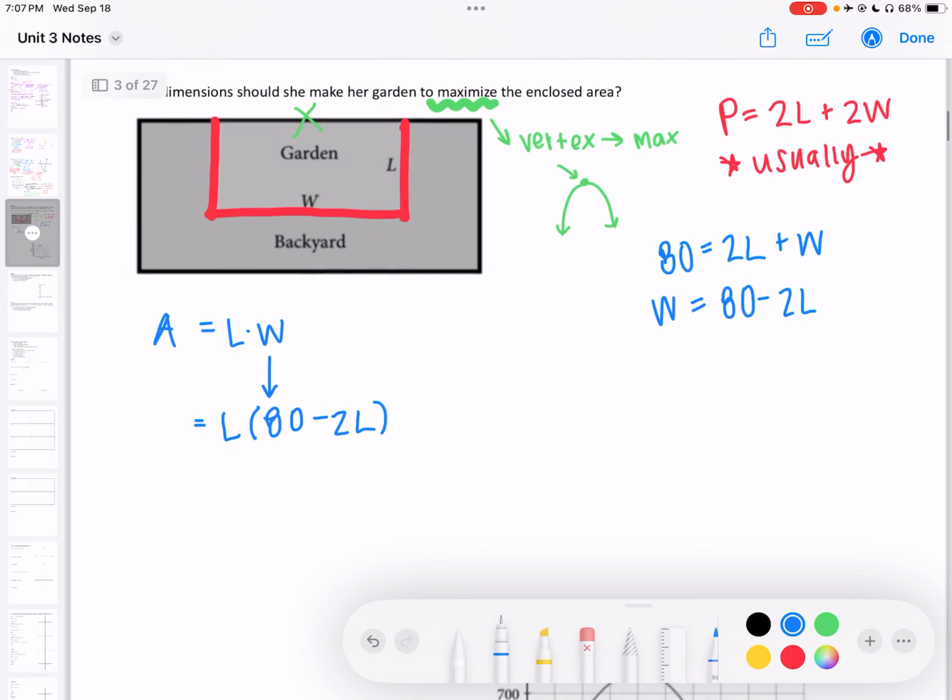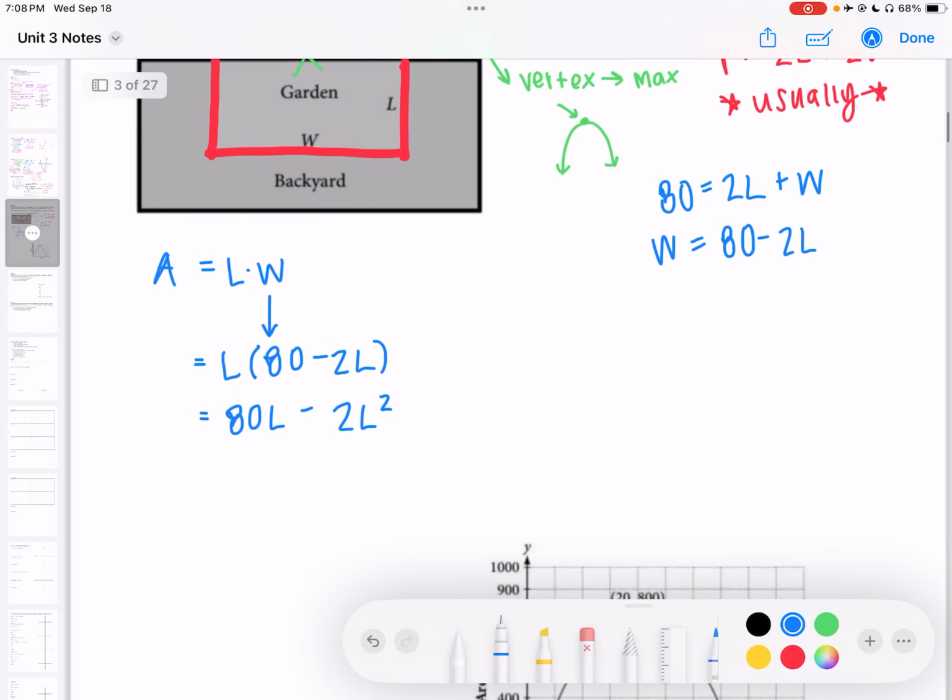This, guys, is a quadratic. 80L minus 2L squared, right? If we're interested in finding the maximum, what we want to do is find the vertex. So I'm going to rewrite this in order from highest to lowest.